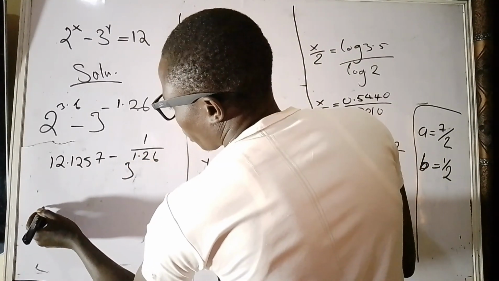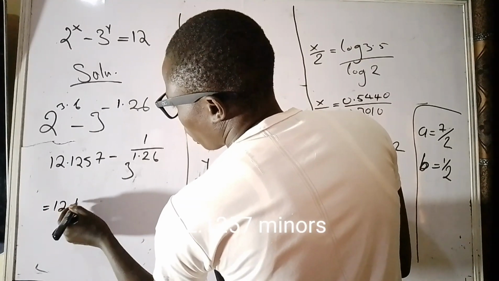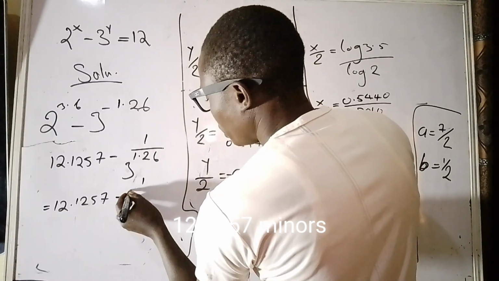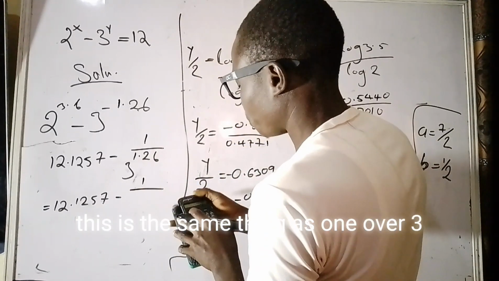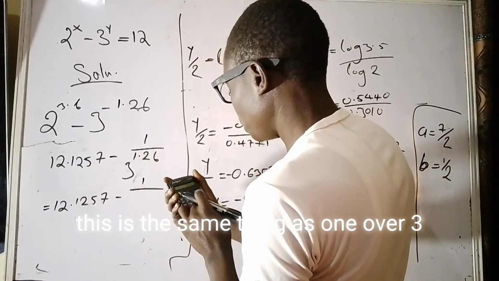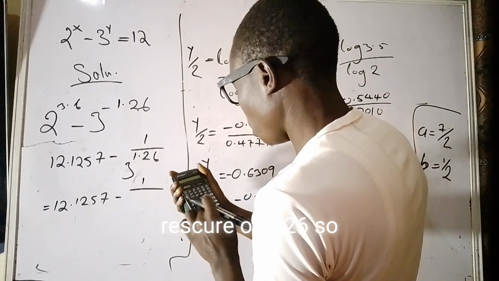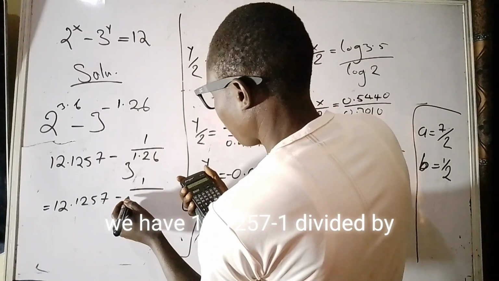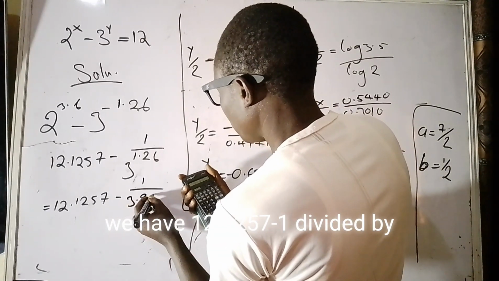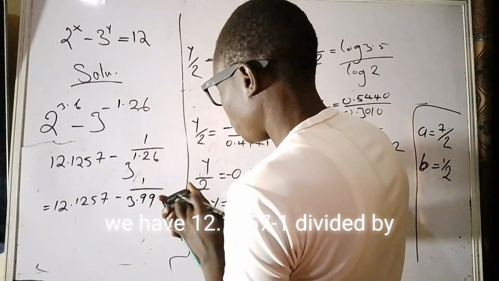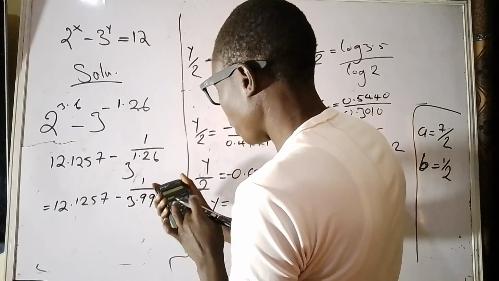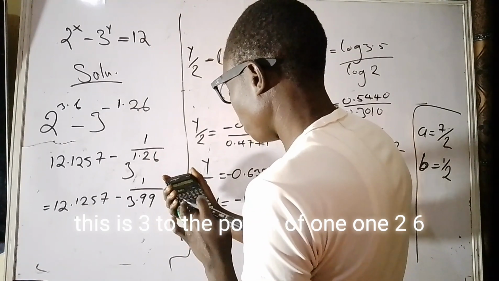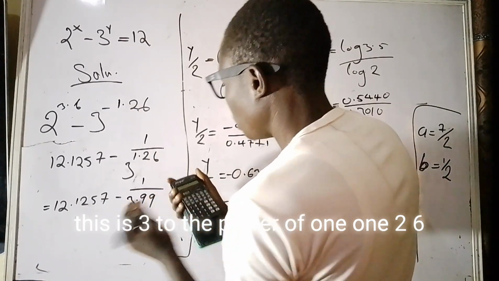So we'll have 12.1257 minus 1 divided by 3 to the power of 1.26, which is 3.99. So 1 divided by 3.99 is 0.25.